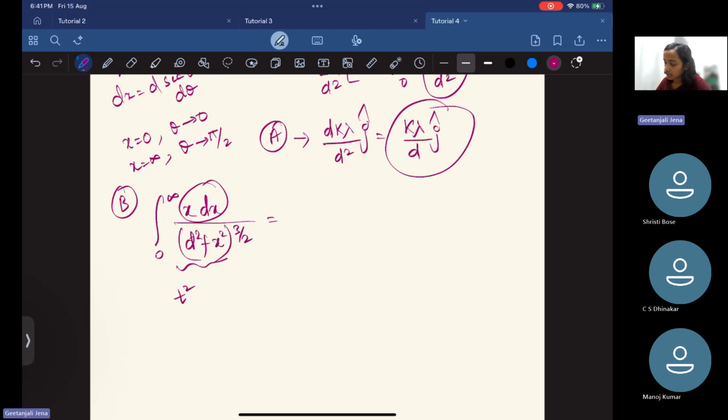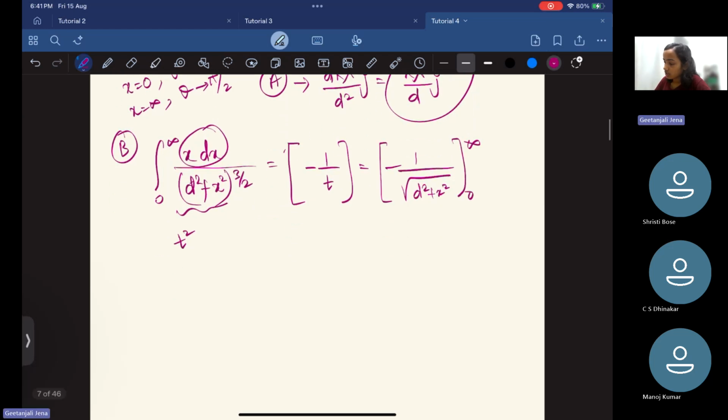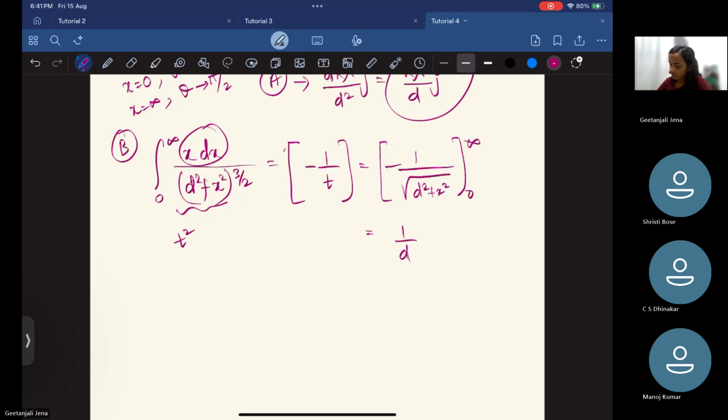So this will be dt, t dt, and this will come out as minus 1 by t, where 1 by t is nothing but 1 by square root of d square plus x square, from 0 to infinity. So this will give the value of 1 by t. So for B, you have electric field k lambda by d in the i direction.